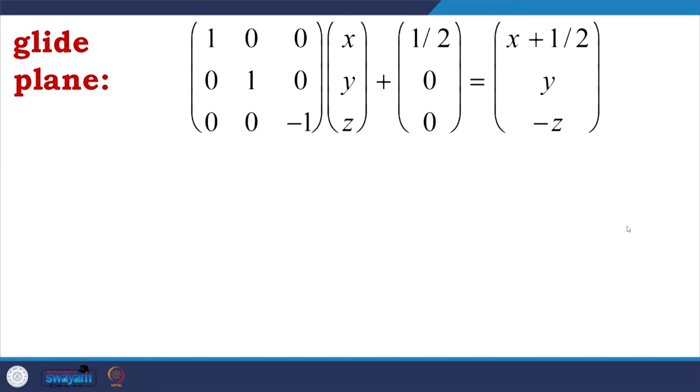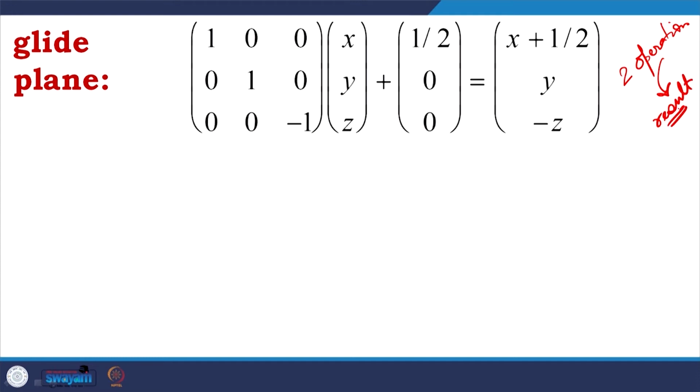In the glide plane, this is interesting. You have one matrix and you have a second matrix, which tells you you have 2 operations leading to a result.